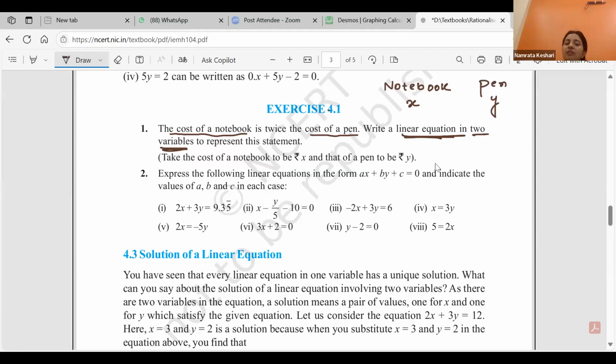But without even reading, first we have to have a quick overview of how many categories are there. Notebook, pen, so one is X, another is Y. It is cost, so we have assumed the cost of notebook and the cost of pen. Making sense? Yes, ma'am. Now we will read it carefully. Let's read it.